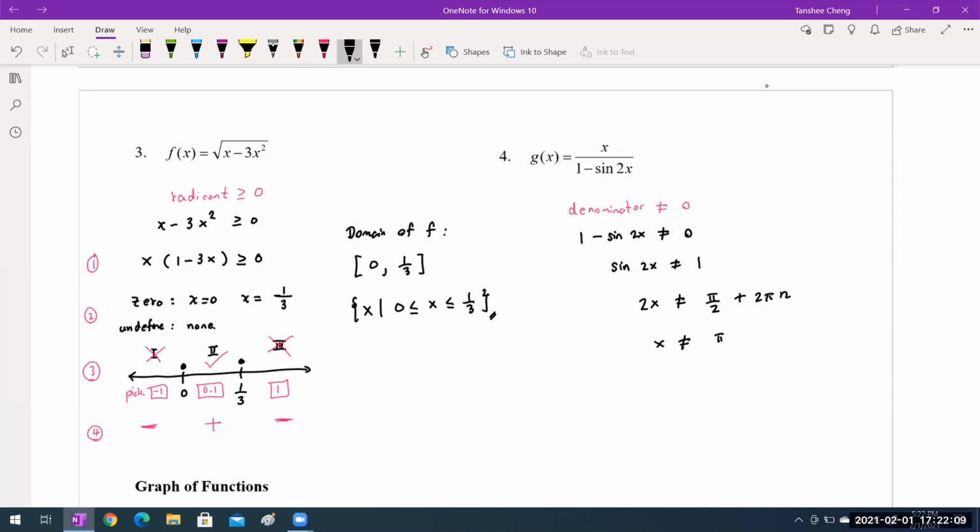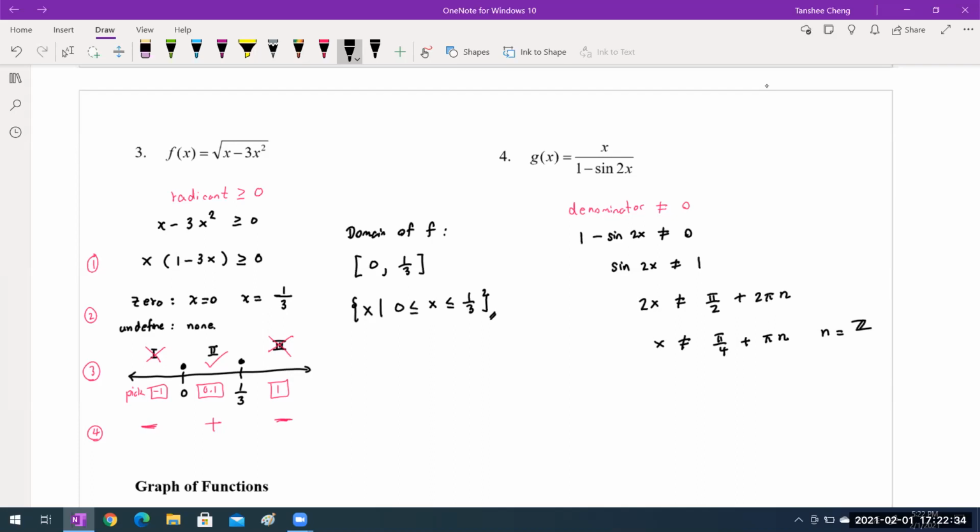So this will become pi over 4 plus pi n. And n is what? The integers: 0, 1, 2, 3. Let me put it this way: n is integers. That's a notation for the integers.